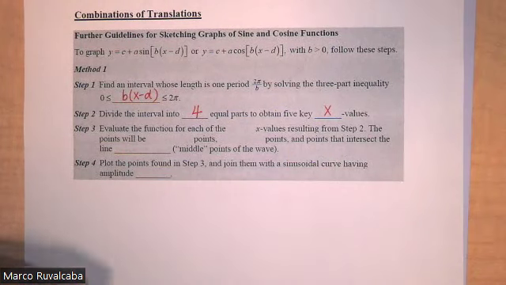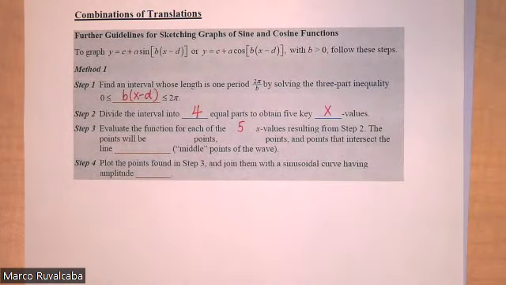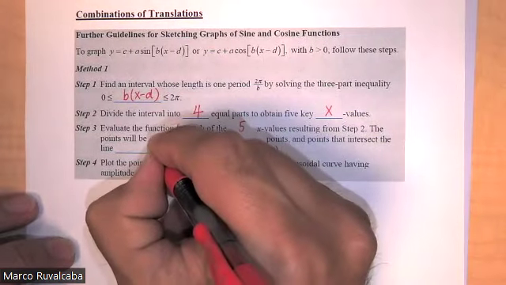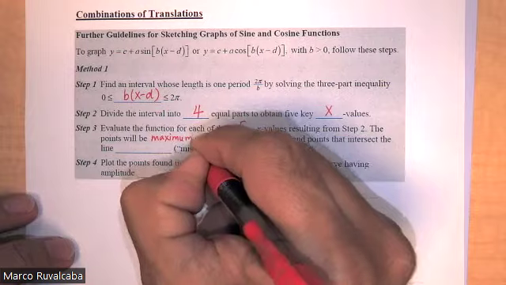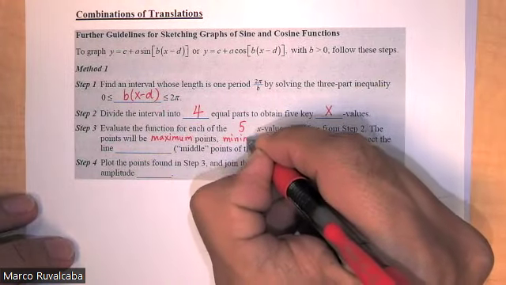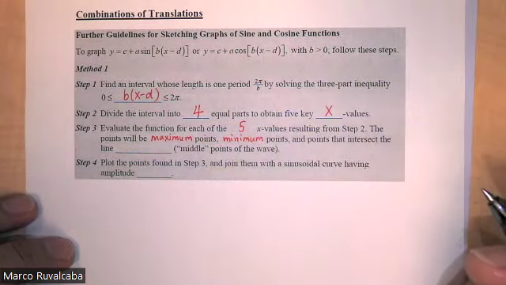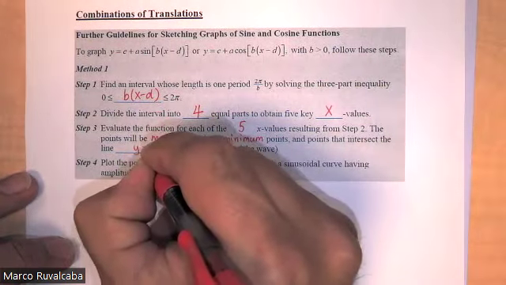You evaluate the function for each of the 5 x values. And remember, those x values will be those special points, will be the maximum points, minimum points, and points that intersect the line y equals c.